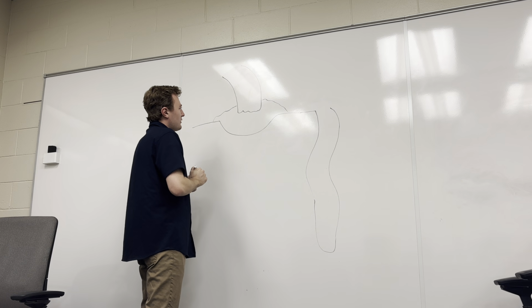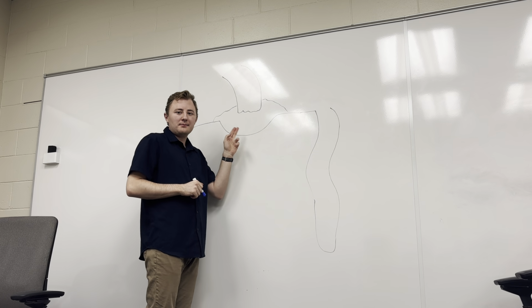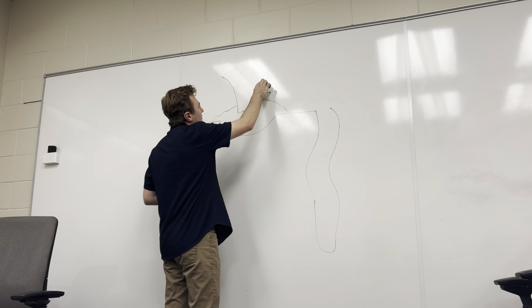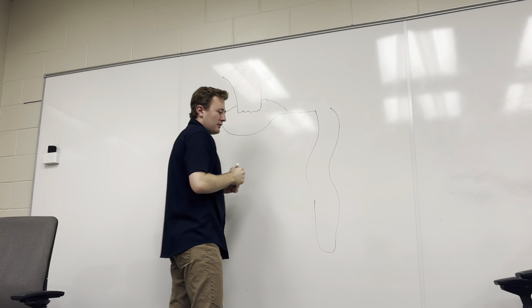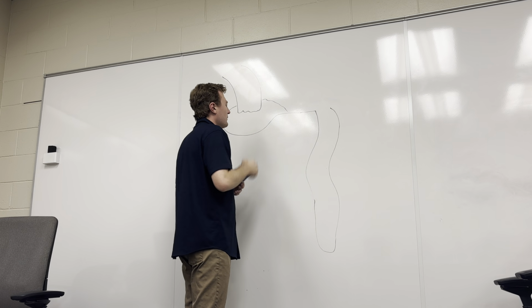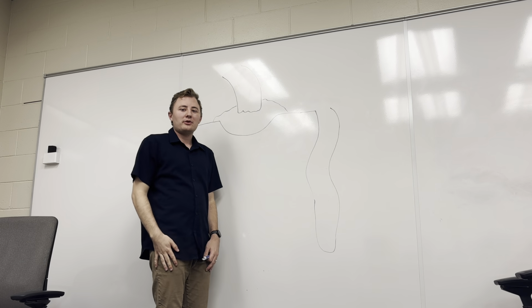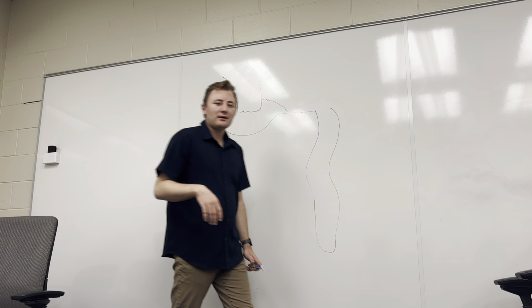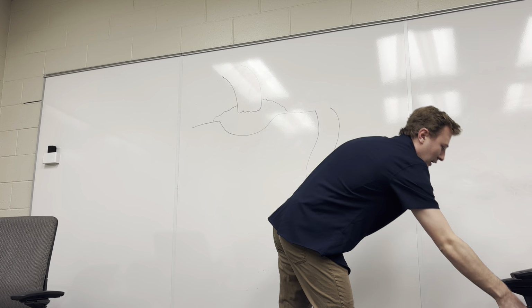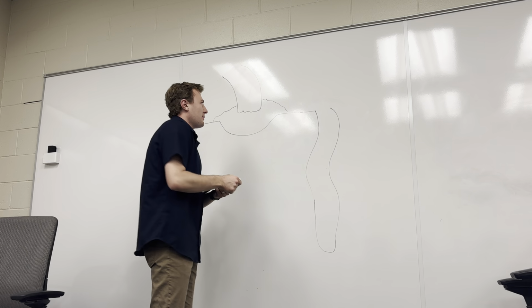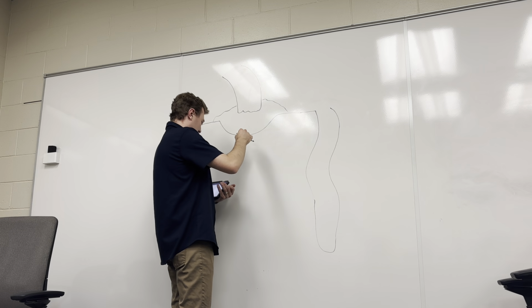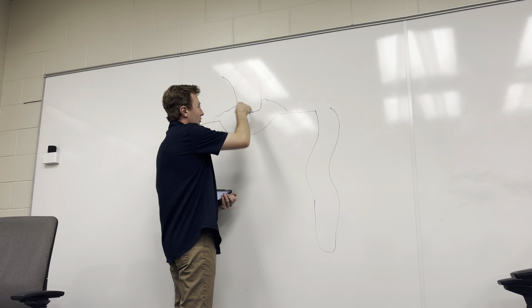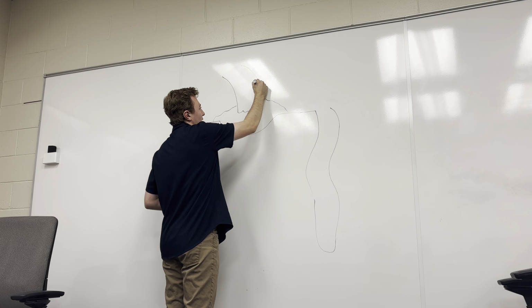So this is one of the neurons that's innervating a muscle. In this neuron, if you remember we talked about earlier, we have action potentials. This is basically how our nervous system communicates.